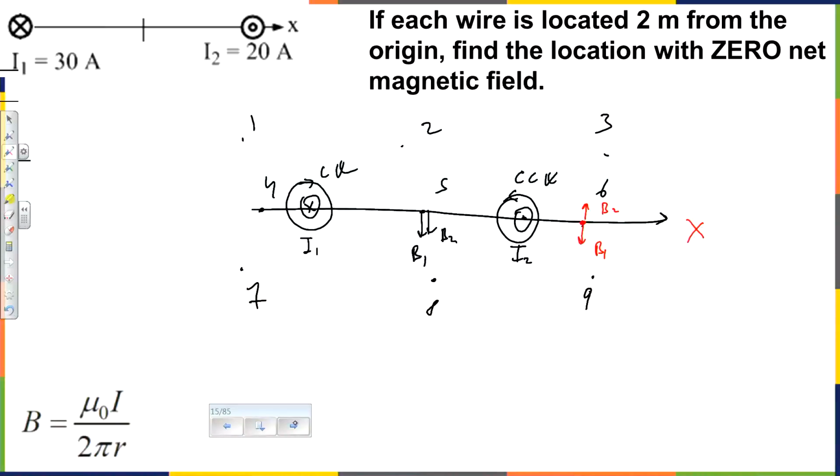We can say x equals 0 here. This is x equals 2. And this is just, let's say, a distance d. We can calculate that distance. And the condition we have to use is this. That only can happen at one location. And now what do we write?